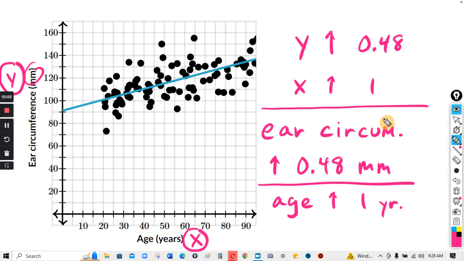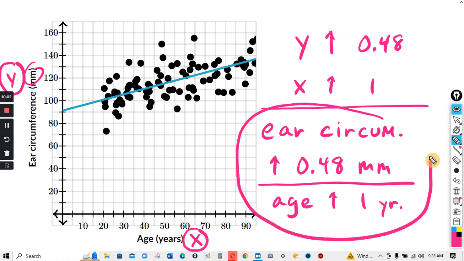So this is going to be the answer. Ear circumference increases by 0.48 millimeters when age increases by 1 year.